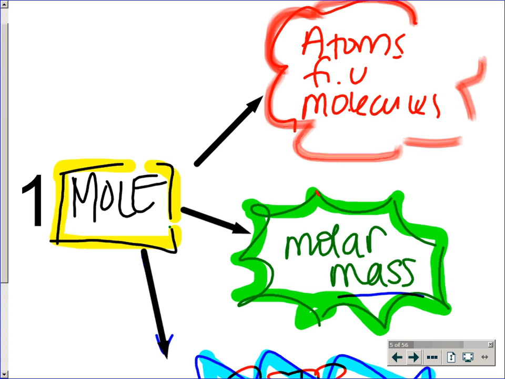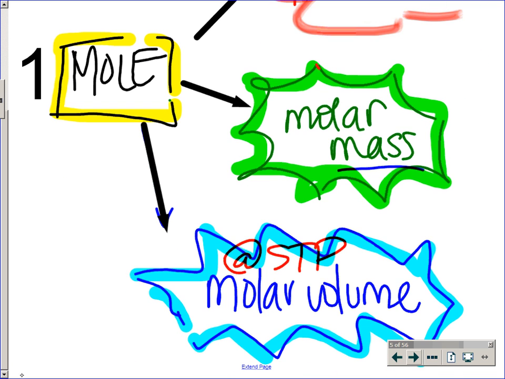And then lastly, how are the moles and the molar volume related? Right, 22.4 liters per 1 mole of gas at STP. So on your reading guide, what did it say for STP? What does STP stand for?